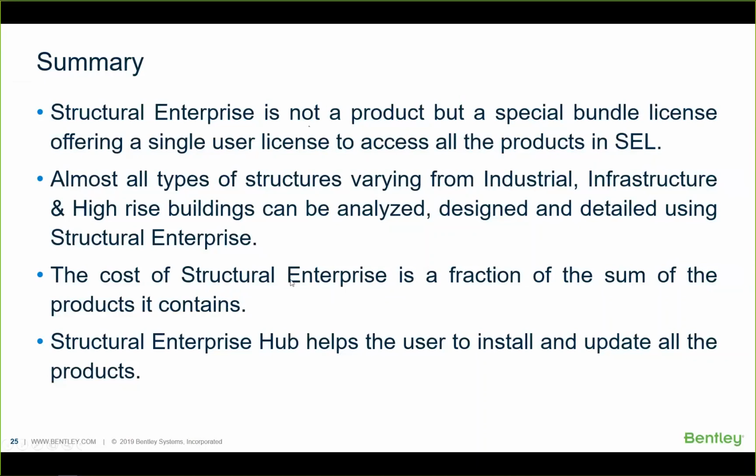But when you buy the Structural Enterprise license, since it's a bundle license, the cost is only a fraction of the summation of the individual product costs. That itself will give you approximately 75% discount. So that is the value of Structural Enterprise.